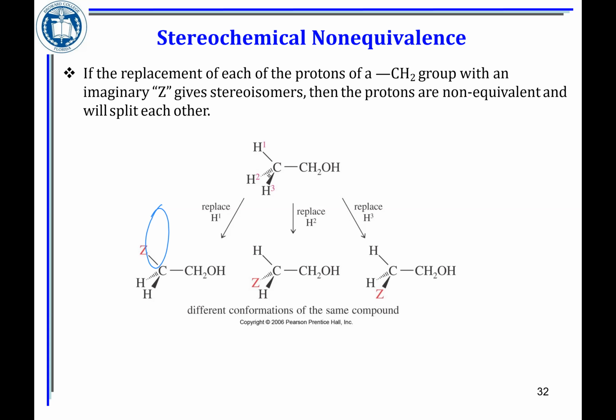They split other hydrogens, but not each other. Hydrogens 1, 2, and 3 can split the hydrogens on the CH2, but they cannot split each other. These hydrogens can be split by the CH2 as well. So they can split or be split by other hydrogens, but not each other, because they are chemically the same.